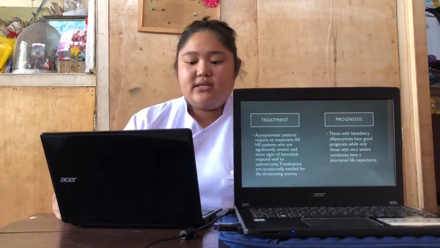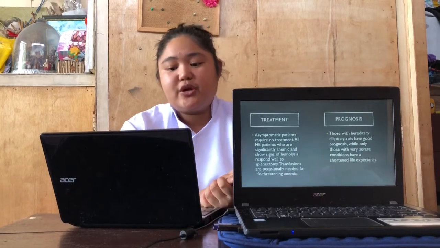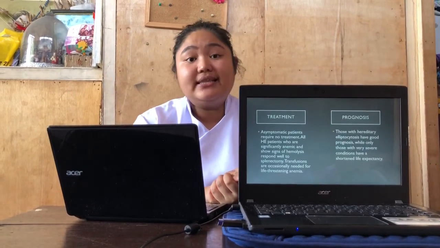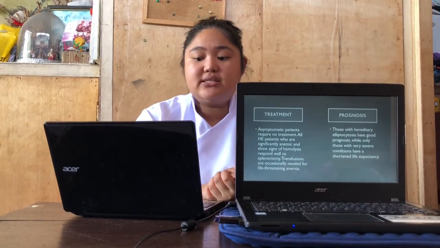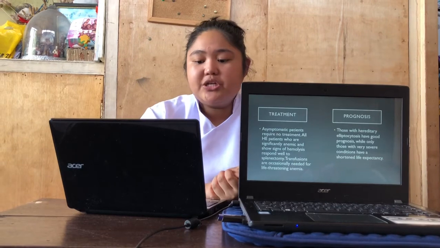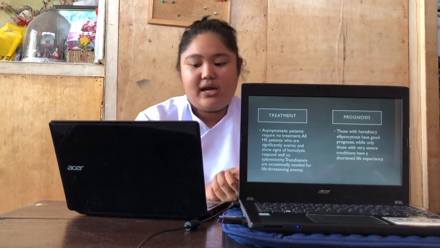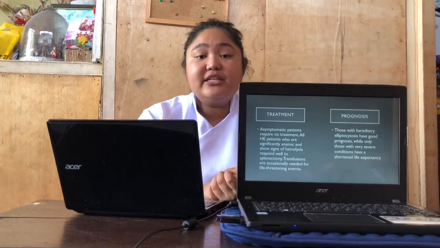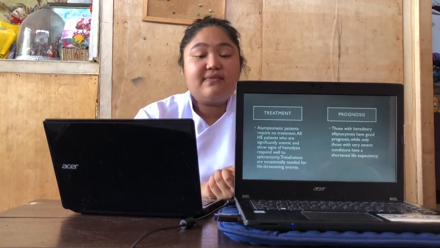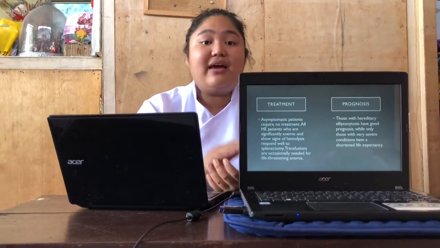For prognosis, asymptomatic patients require no treatment. All HE patients who are significantly anemic and show signs of hemolysis respond well to splenectomy. Transfusions are occasionally needed for life-threatening anemia. Those with hereditary elliptocytosis have a good prognosis, while only those with severe conditions have a shortened life expectancy.